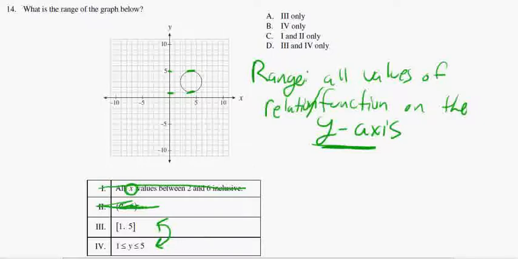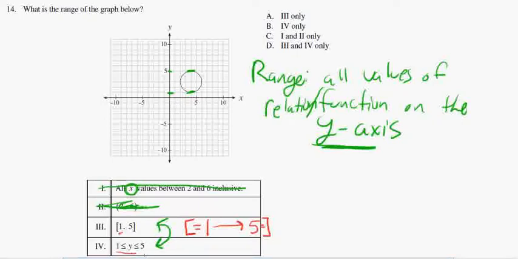In number 3, this notation says that, so the square brackets, remember from what we learned in class, means that it can be equal to whatever this number is. So square bracket means it can be equal to 1. And it goes all the way to 5, and again, the square bracket on the other side means it can be equal to 5.